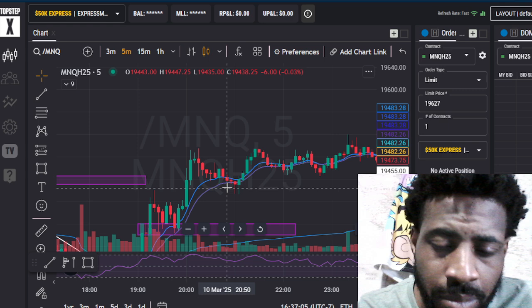Now, right now, what it's doing is ranging. Right? So what are you looking for? Like I say, range breakout. As you can see, I'm gonna have it on top of this actually. Yeah, right here. It's ranging. A fake breakout to the downside, like I talked about earlier.